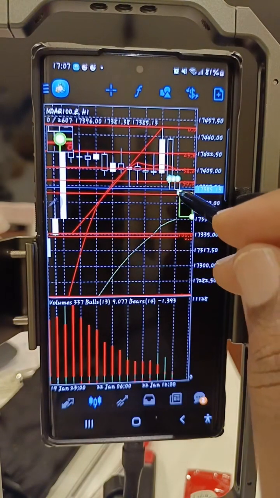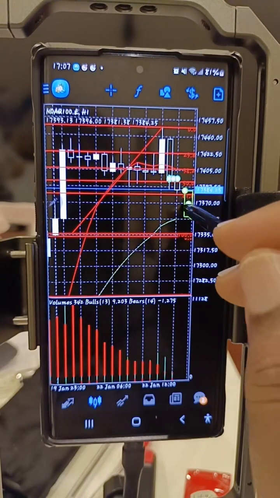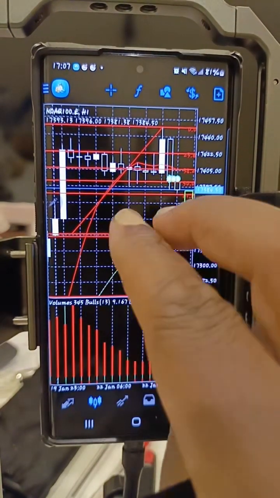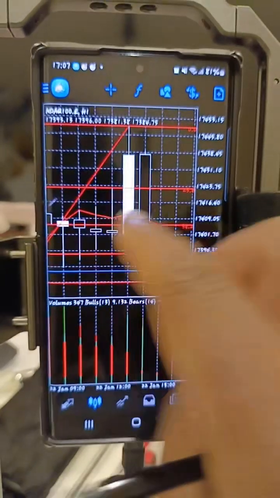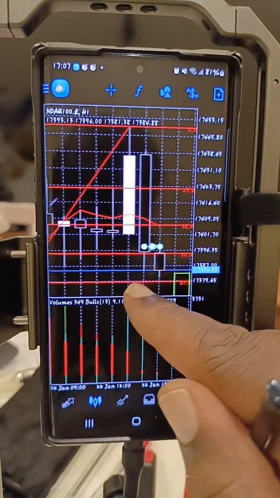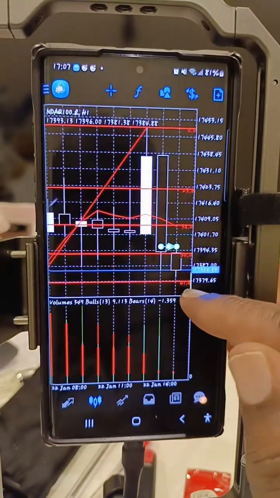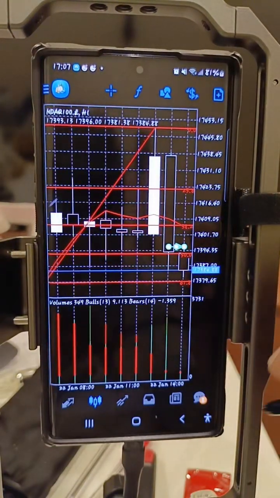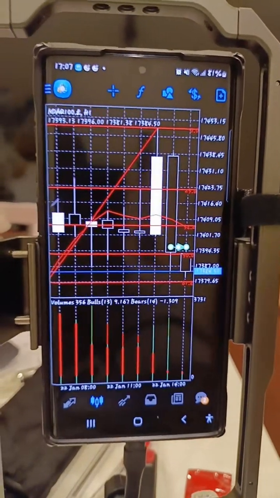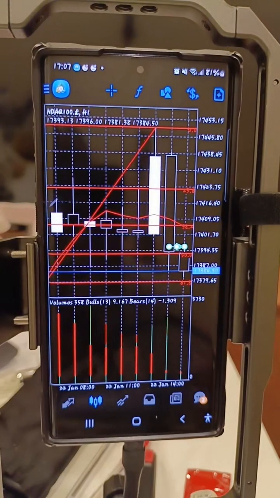You can clearly see my target here. But you can see that it's now testing 61.8. It's now testing 61.8, okay?